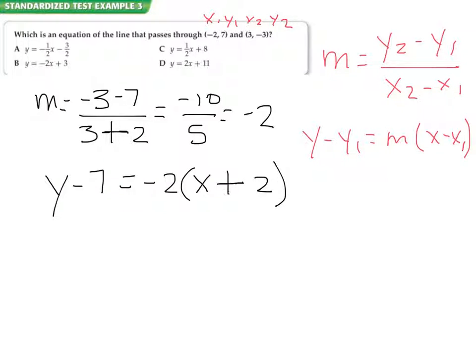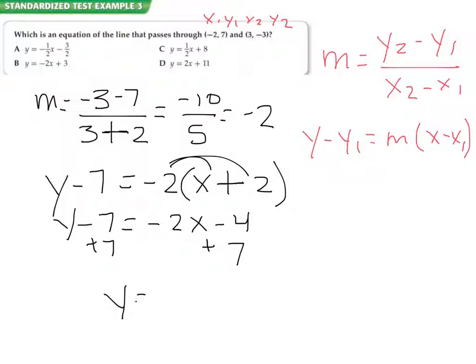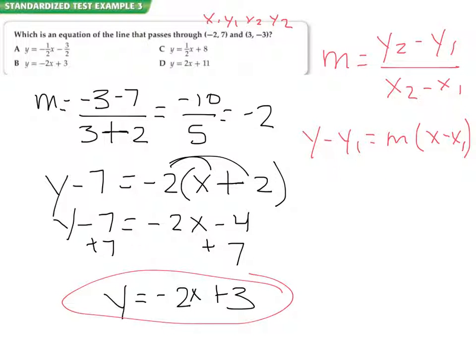Double negatives turn to a positive. I can distribute, so I have y minus 7 equals -2x minus 4. And then I'm going to add 7 to both sides to get y equals -2x plus 3 as my final answer, which in this case corresponds to letter B.